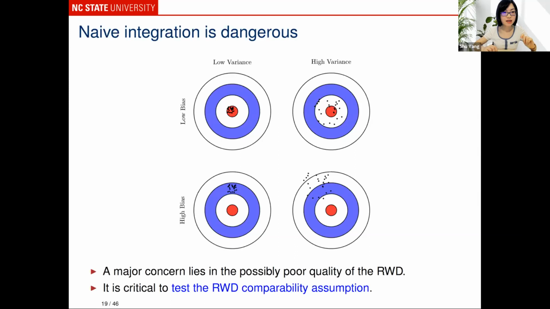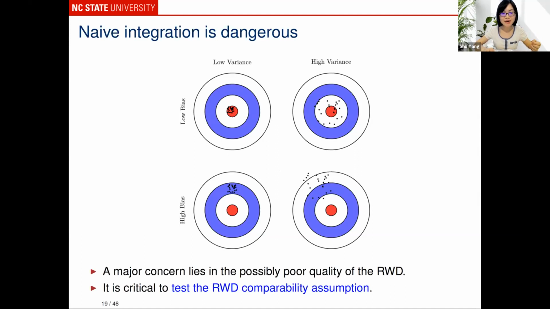To illustrate, let's consider four types of estimators. We have four panels here. The red circle is the target, and dots are estimates from repeated sampling. If the RWD satisfies the compatibility assumptions, then the efficient estimator can hit the target very well. It has a low bias and a low variance.